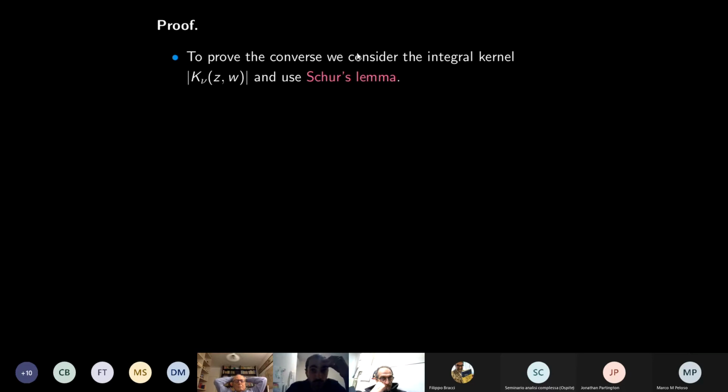So we do not consider our original operator, but we consider the integral operator whose kernel is the modulus, the absolute value, of our weighted Bergman kernel, and we study the boundedness of the operator that has this kernel. Then from this it will follow easily the boundedness of our original operator.